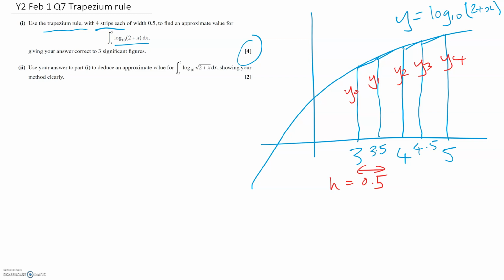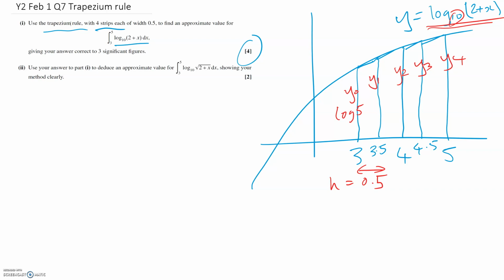This here, y0, is just the value you get when you put 3 into this equation. So when you put 3 into the equation, you're going to get log 5. I'm not going to write the base 10; just assume it's base 10 if you don't see any base written down.